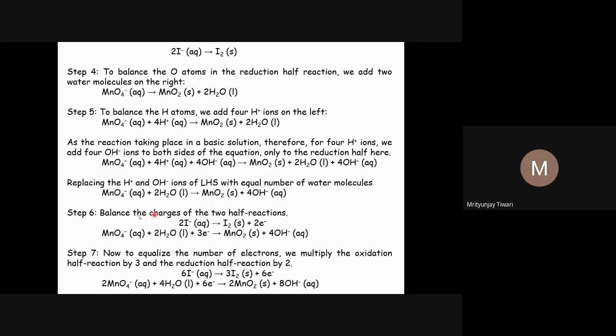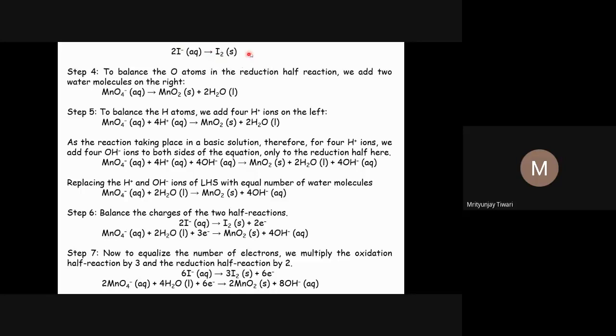Now we balance the charges of the 2 half reactions. In the first, 2I- gives I2, iodine molecule or solid. It means there is a net charge of 2 minus on the left hand side and 0 charge on the right hand side. To balance this reaction, we need to add electrons, because we balance the net charge by adding electrons only.